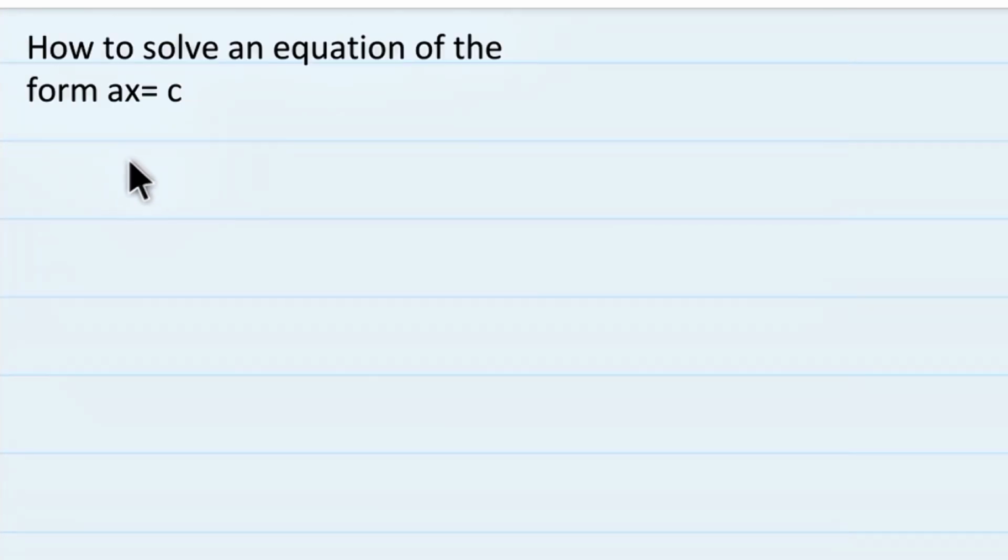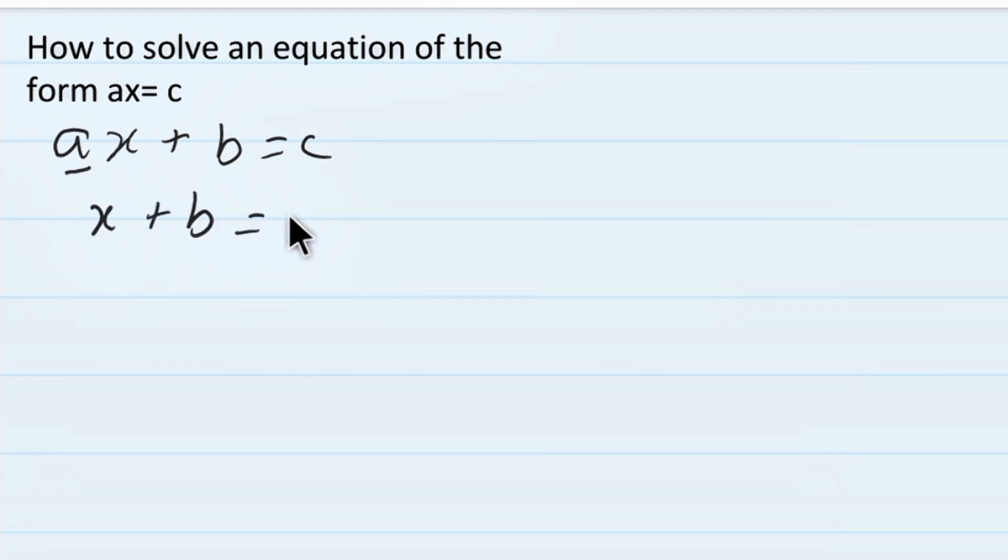So far we have learned how to solve a linear equation in one variable of the form in which a was 1, that is x plus b is equal to c.